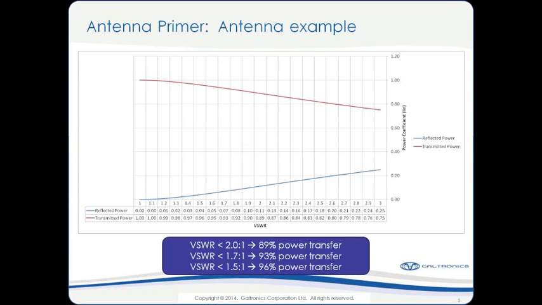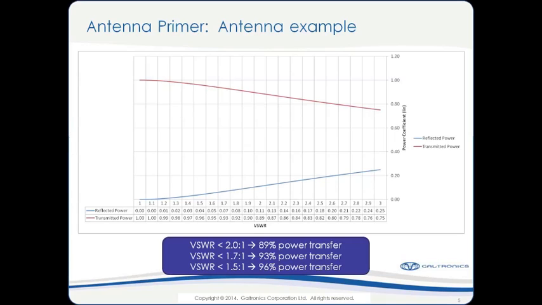So moving on, we can look at VSWR and how it relates to how much power is accepted by the antenna. This is just a simple graph that shows VSWR along the x-axis, and we can pick a few values off here that you will see on data sheets.